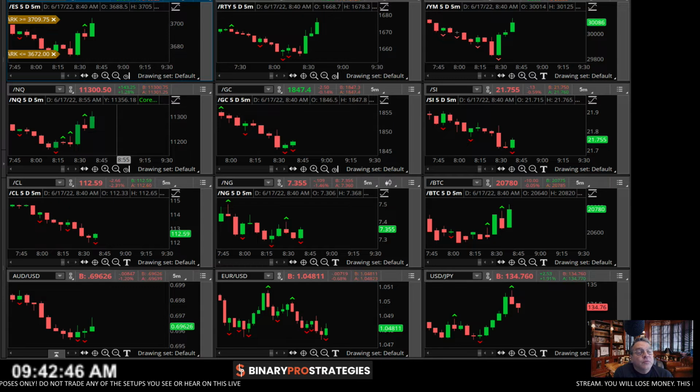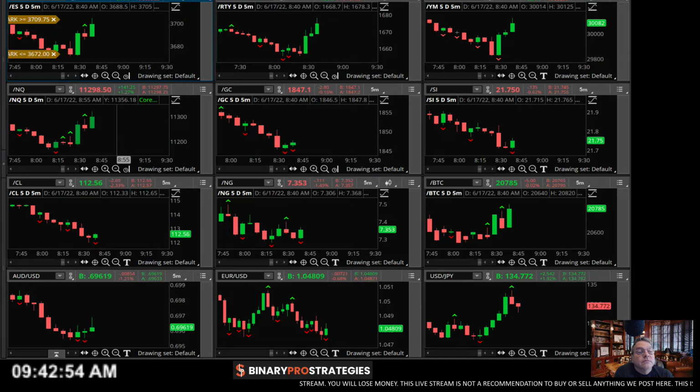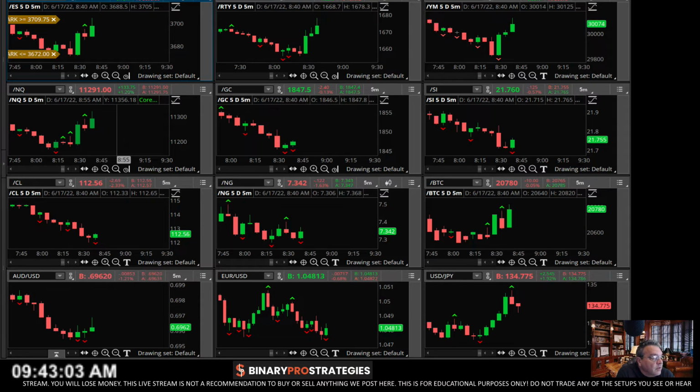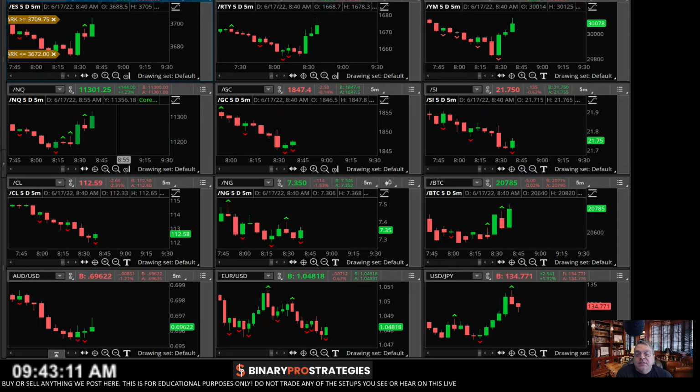Aussie US has a double short. So there's another double short on the Aussie US. It's going to be a 69.65 short on the Aussie US. Calling it a little bit late here, just couldn't keep up with it, but it went all the way up to 69.65.